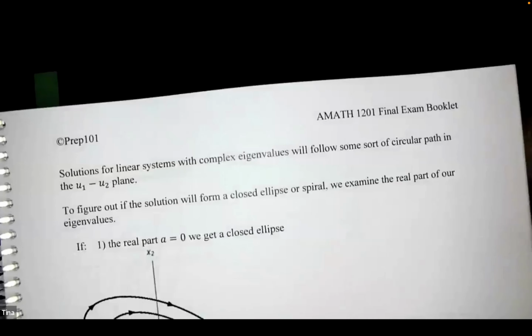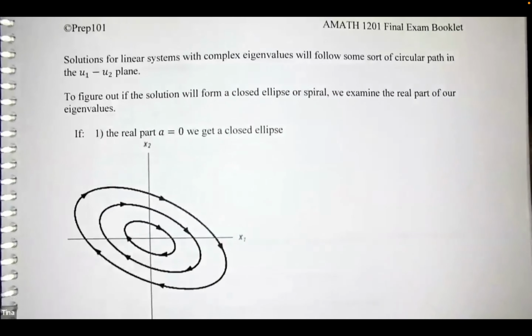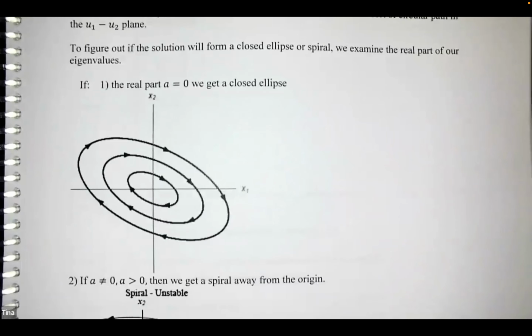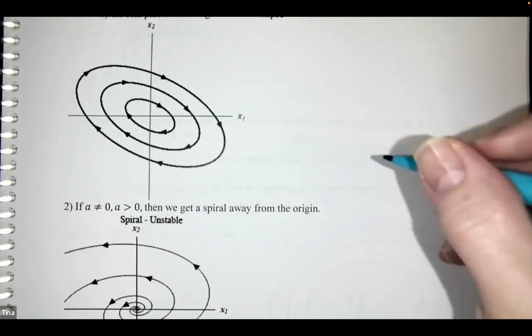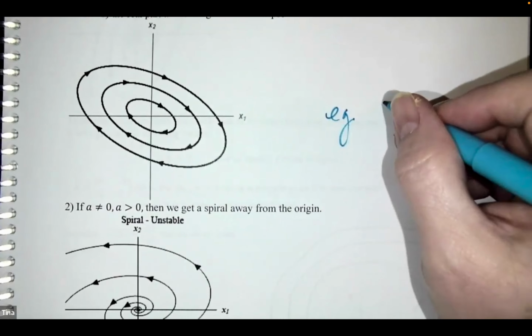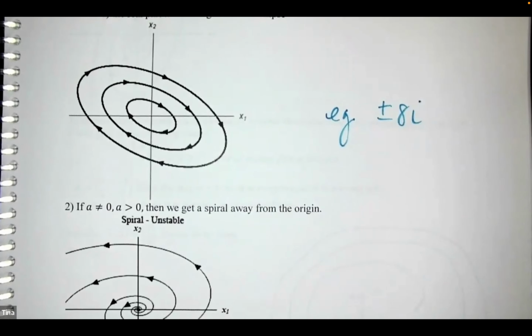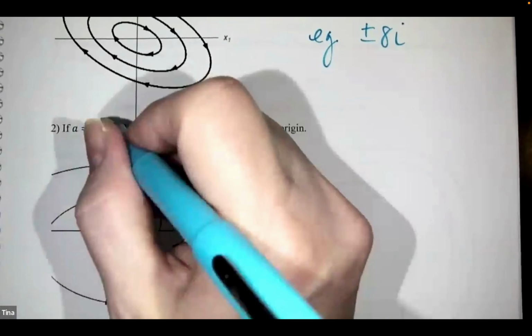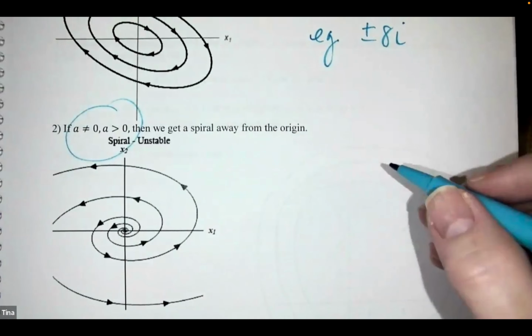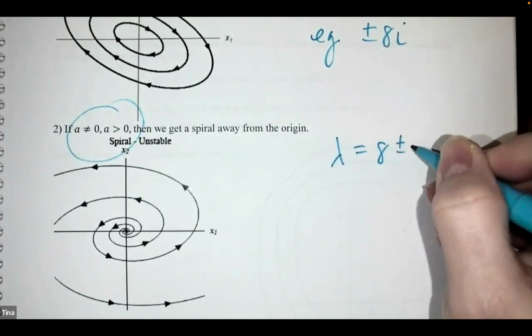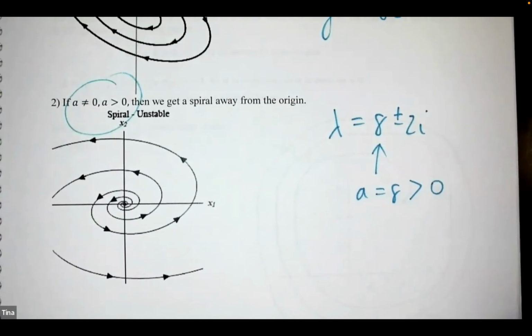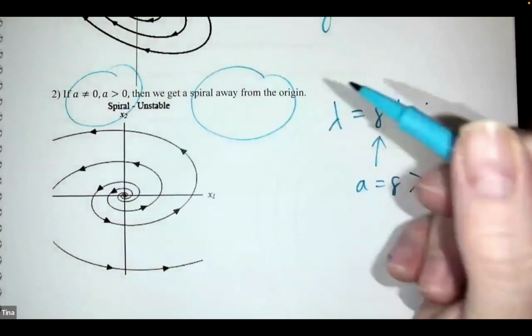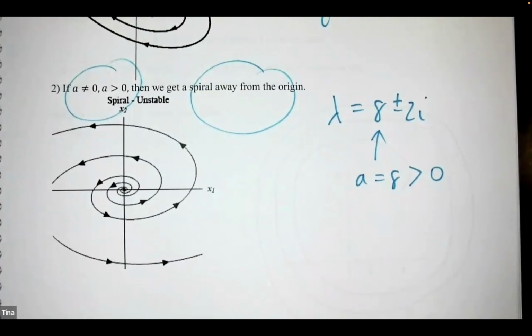Okay. So what's it look like? Well, if it's complex, if there is no real part, it's just a closed ellipse. So that would be plus or minus 8i, something like that. If you get a is positive, so 8 plus or minus 2i, then the a part is positive, then it's going to spiral away from the origin.